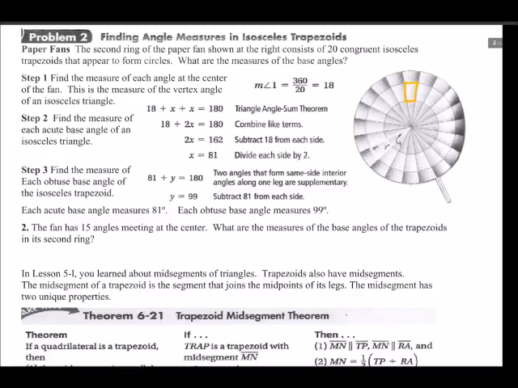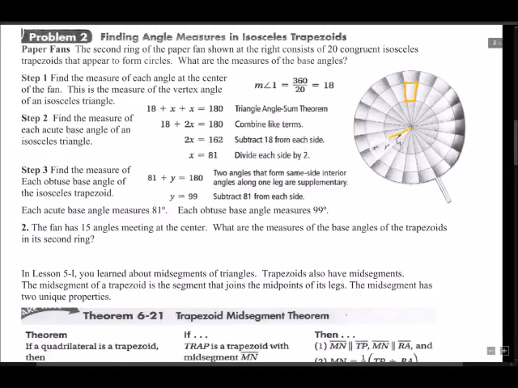Well, how are we going to start this problem? The best way to start this is to look at this triangle. And what kind of triangle do we have here? This is going to be an isosceles triangle, which is going to give us congruent base angles. So we can find this angle measure right here, angle 1.